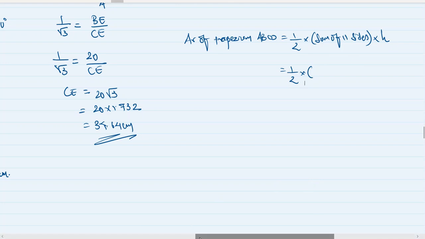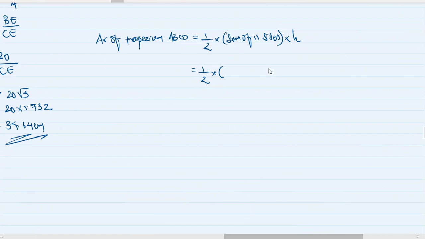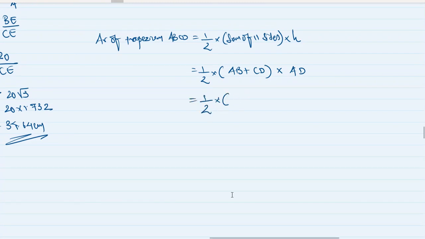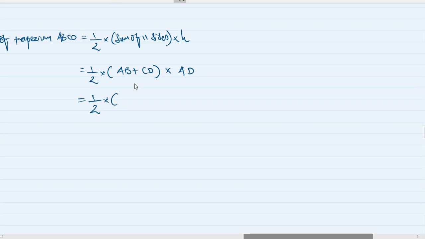So what are the parallel sides? Parallel sides are AB and CD. And the distance between them is AD. So half times AB, we found AB 48 and CD is 28, 48 plus 28 times 34.64.